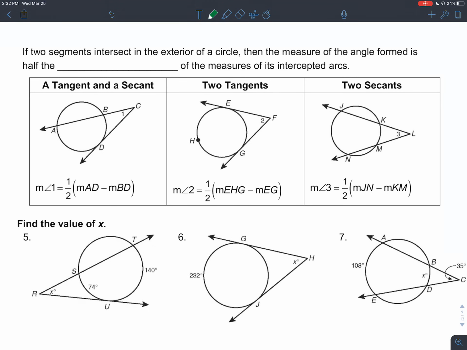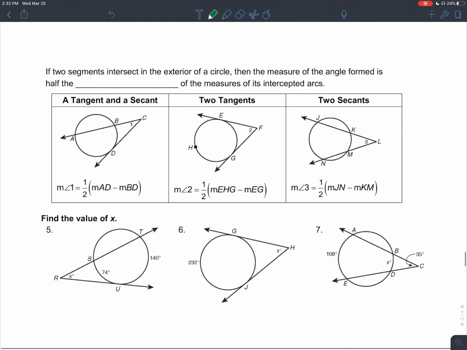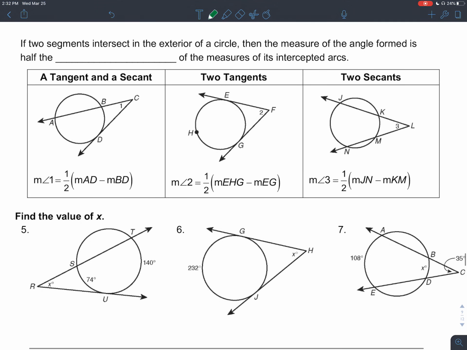And our, I believe, last little part. In this one, we have two segments that intersect. It could be a tangent and a secant, it could be two tangents, it could be two secants, but they intersect on the outside of the circle.